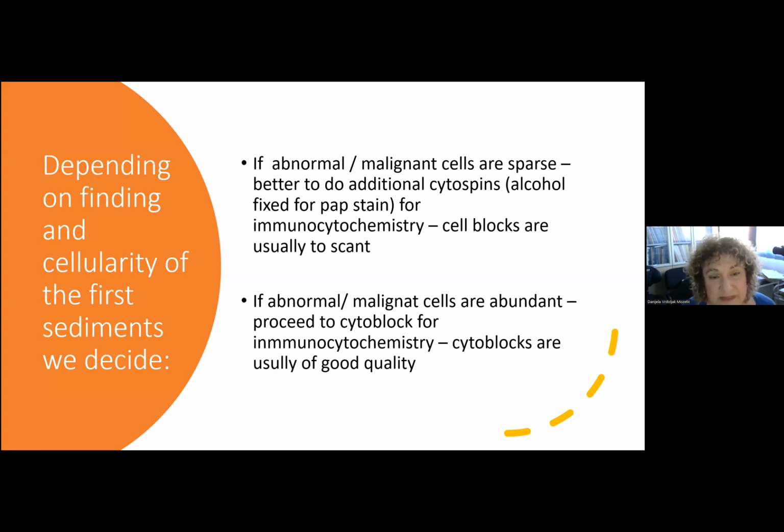If abnormal malignant cells are abundant, we proceed to cell blocks for immunocytochemistry, and cell blocks in this situation are usually of good quality. So depending on the number of atypical or malignant cells, we decide how to proceed, cytospins or cell blocks.